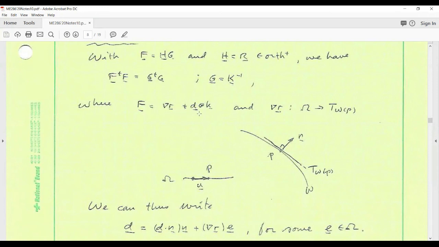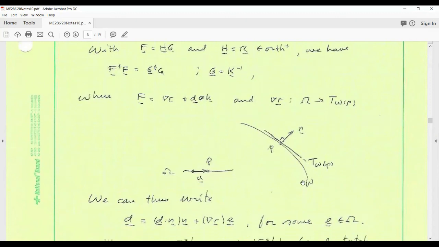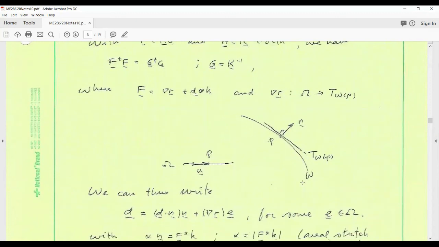Maybe we can use this to get some information about this D field that we talked about. Let's notice now that grad R is a map from the initial midplane to the tangent plane of the deformed surface, the deformed midplane, at a given material point P. So here's your material point with position U. Grad R maps vectors in this plane to vectors in the tangent plane to the deformed image of that midplane, small omega.